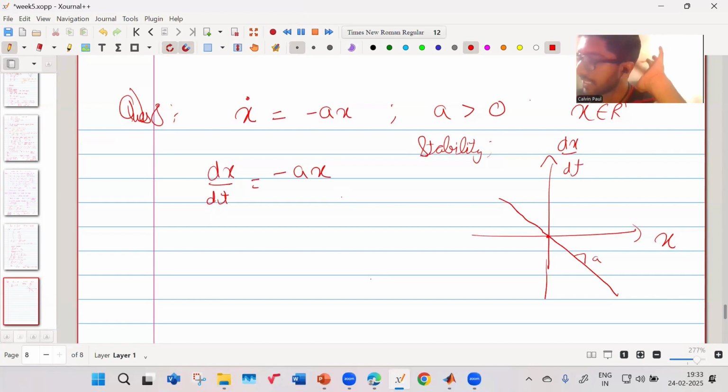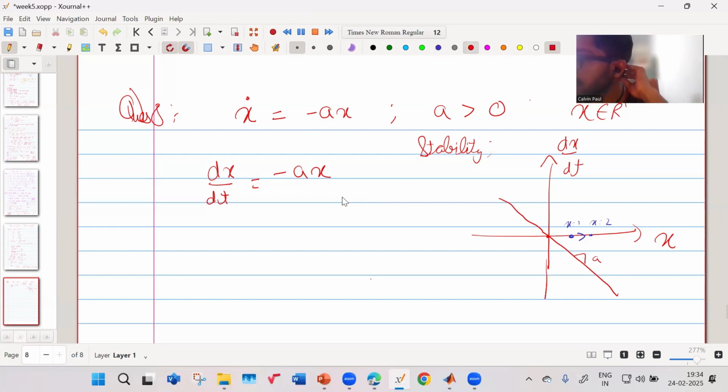If you look at this, you have x and dx/dt. Suppose my x was at 1, and now my x tries to go to 2. That means I am going in this direction, so my x is going away from the origin.